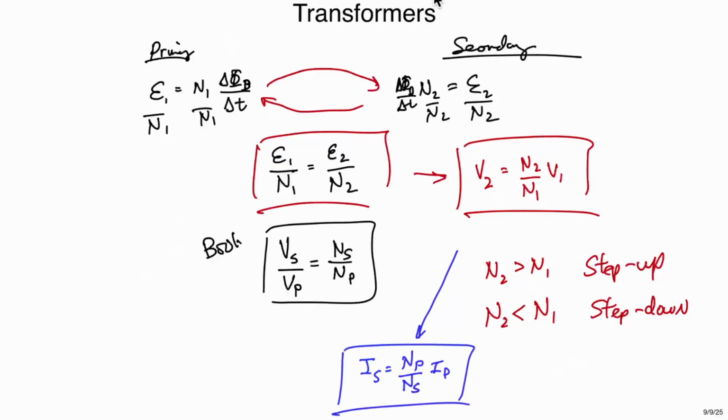So what happens with current is it gets reversed. Step up and step down refer to the voltage. But if you increase the voltage in a transformer, you decrease the current. So you're trading voltage for current, but you're keeping the power the same. The actual amount of electrical energy per time that's flowing in the circuit stays exactly the same. Energy must be conserved. However, we trade voltage for current.